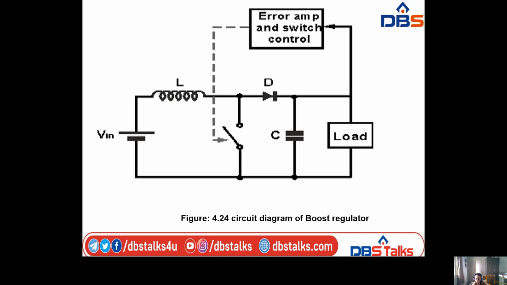The capacitor is used to smooth the voltage during switch transition timings. So this is the circuit diagram for the boost regulator. Figure 4.24 shows the circuit diagram of the boost converter.